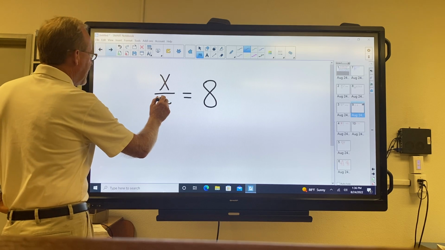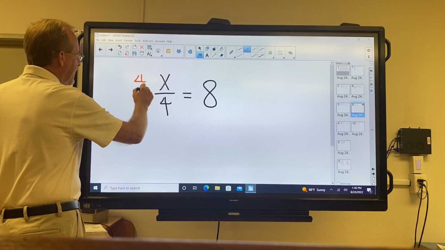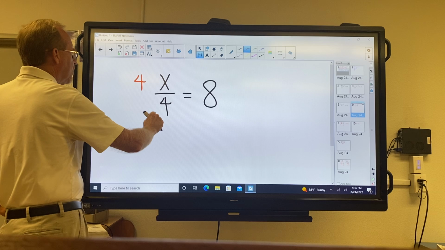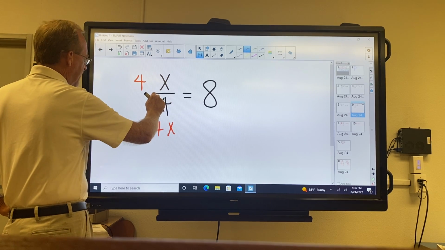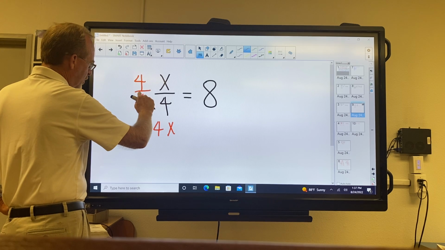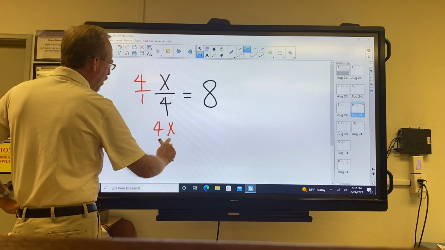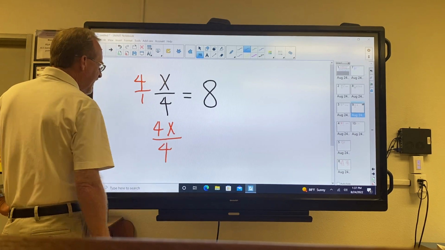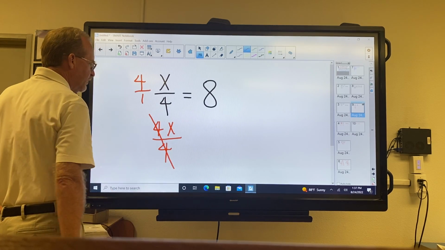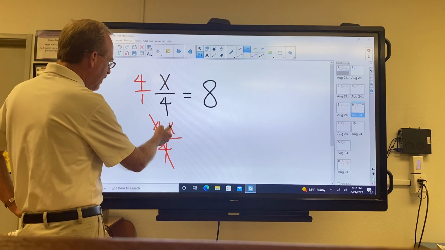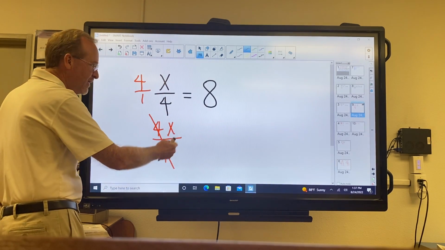If you multiply this guy by the bottom number, what you get is 4x, 4 times x is 4x, and that's over a 1, over 4. And 4 divided by 4, that goes away. It becomes 1, or in this case, 1x.